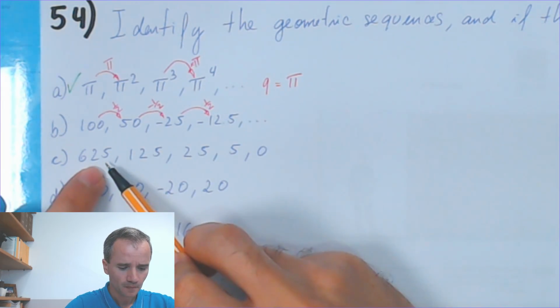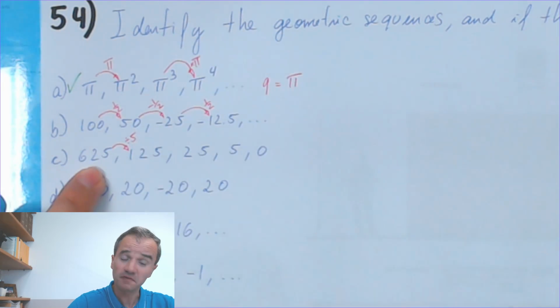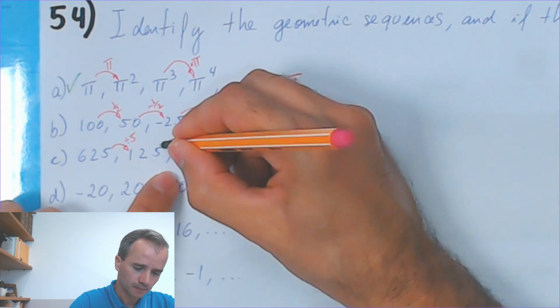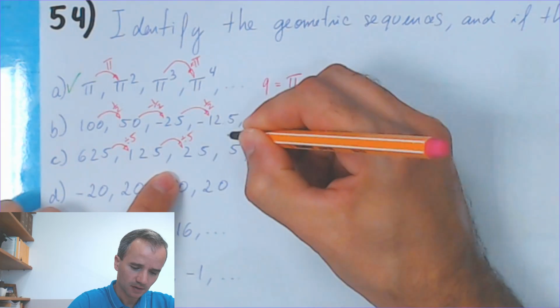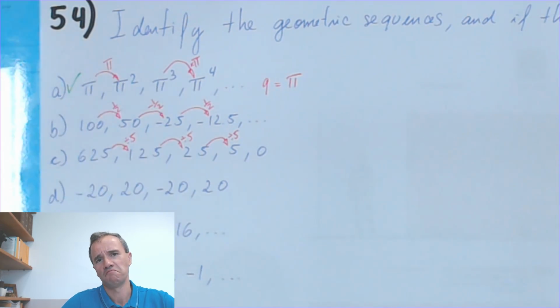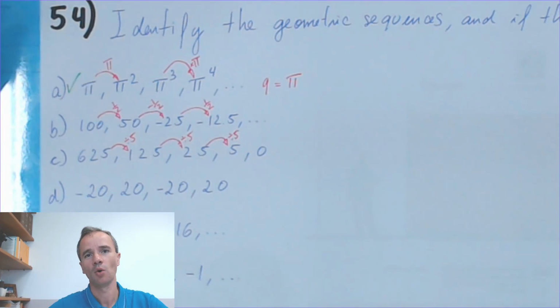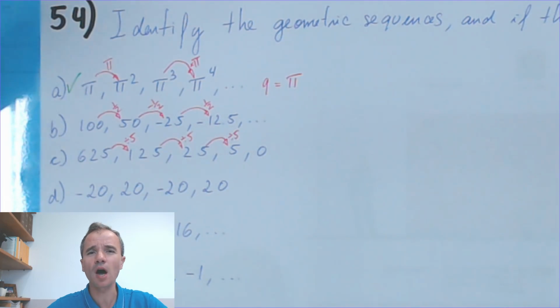Now C. From here to here, we just divide by 5. Again, divide by 5. And divide by 5. Wonderful, so it is a geometric sequence, right? No, again. Why? Can you spot the problem here? There is a single problem in here.